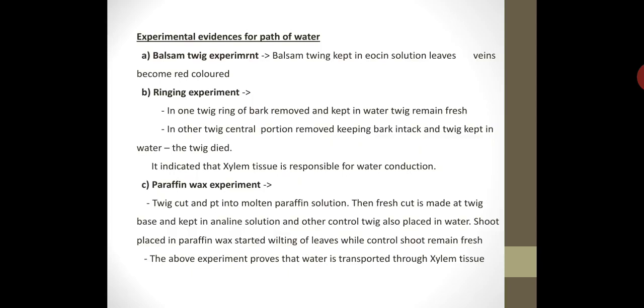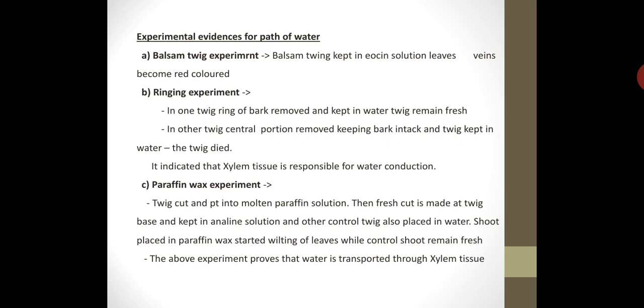That question arises: whether phloem or xylem is responsible for ascent of sap. To solve this problem, many plant physiologists put forth many views to explain the path of the water.